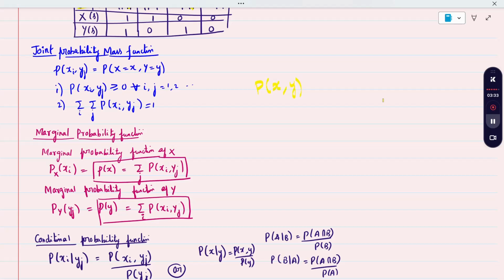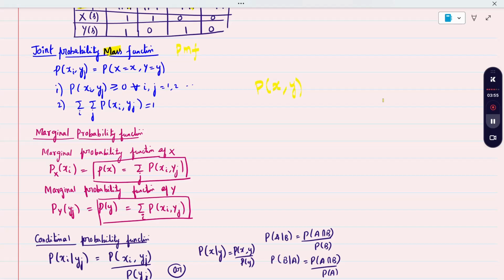This mass function for a discrete is called a probability mass function, PMF. Probability of (xi, yj) equals probability of X equal to xi and Y equal to yj. If these two conditions are satisfied, then I can go with any probability. This is a general condition; you need not check.